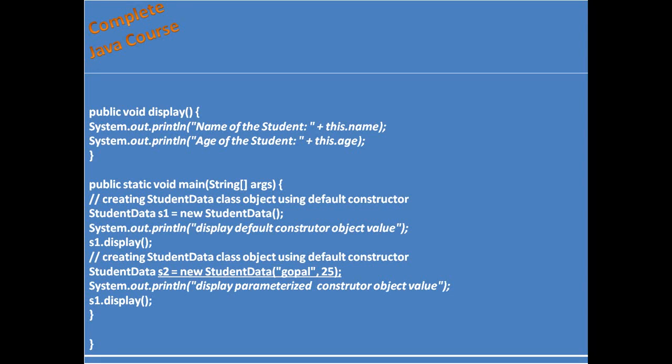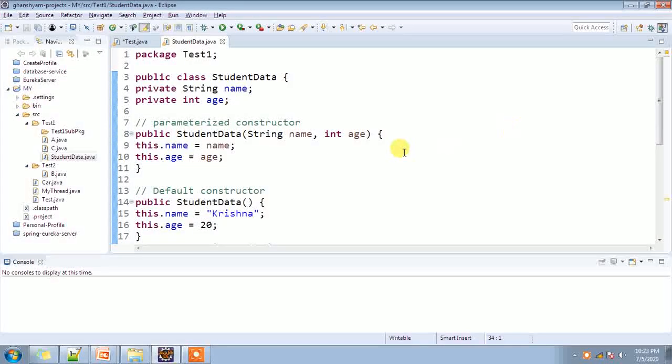Let me show you practically on the Eclipse IDE. So friends, I have created a StudentData class which has two properties, name and age. Here I created the parameterized constructor, assigning the values to name and age, and here I am assigning the values for name and age by using the default constructor.